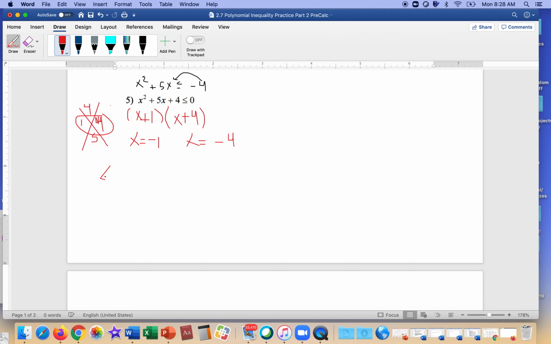Let's do our number line. So we know -4 would be farthest to the left. Let's say -1's here. Okay, last time doing this.